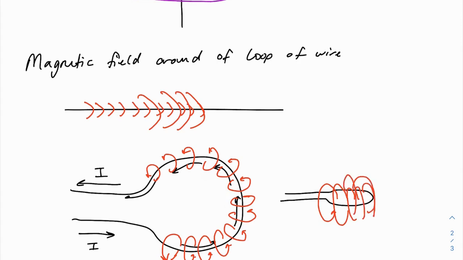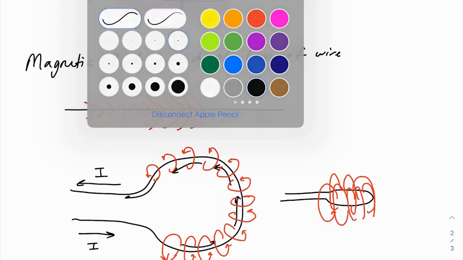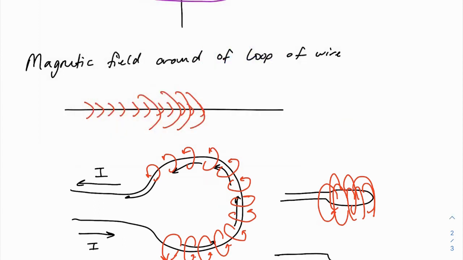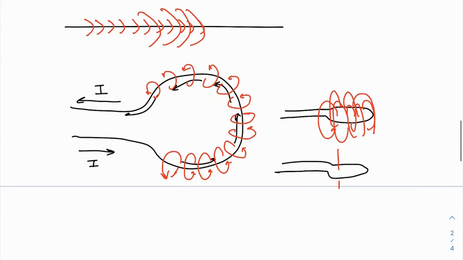And so if you just think about the inside of that loop and not so much worry about the outside, what ends up happening is you have this really, really strong magnetic field going inside that loop. And so we end up seeing that loops are really beneficial to creating stronger magnetic fields.